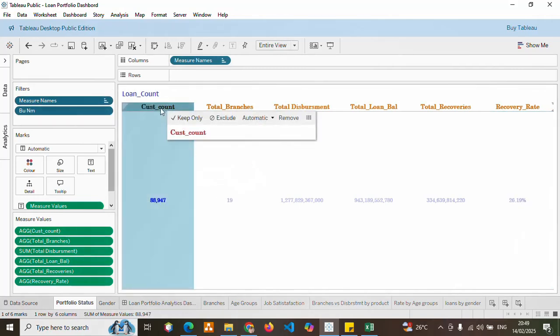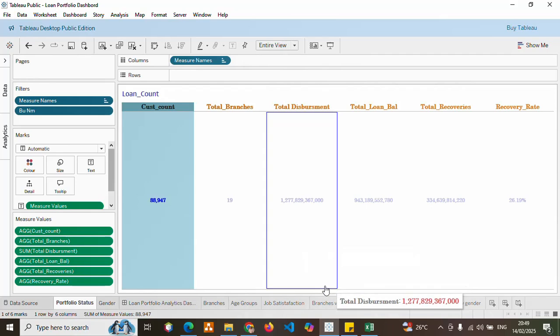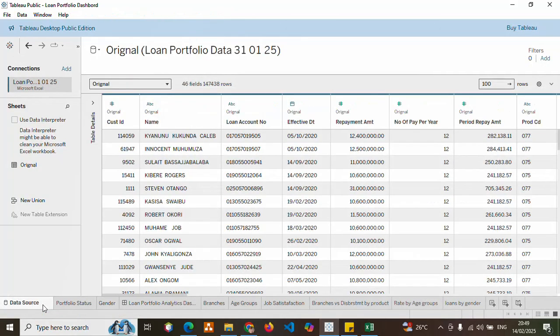Now, we can see that our total number of customers that have loans are 88,947.